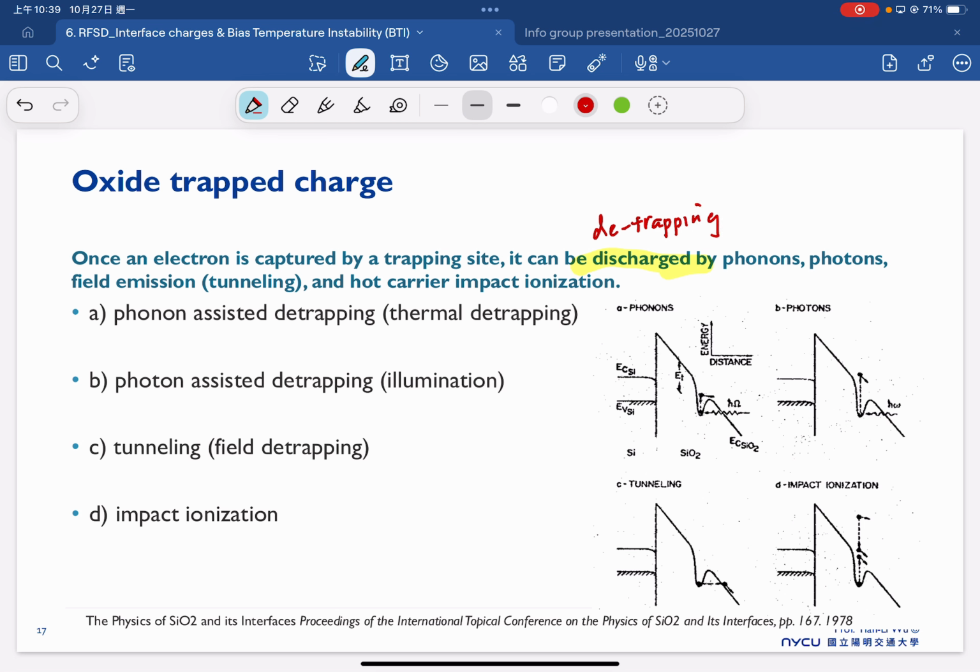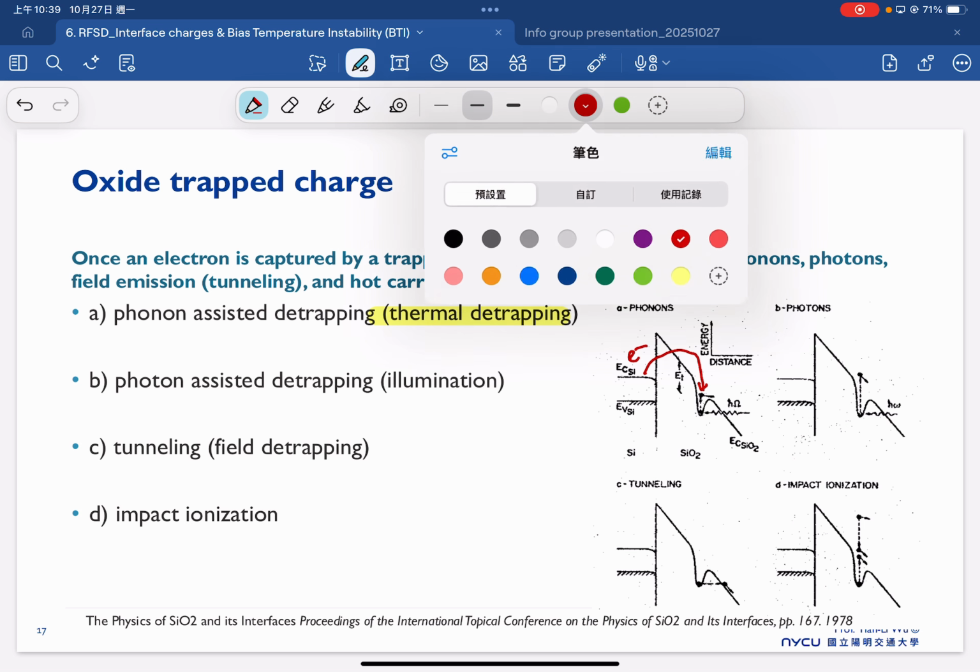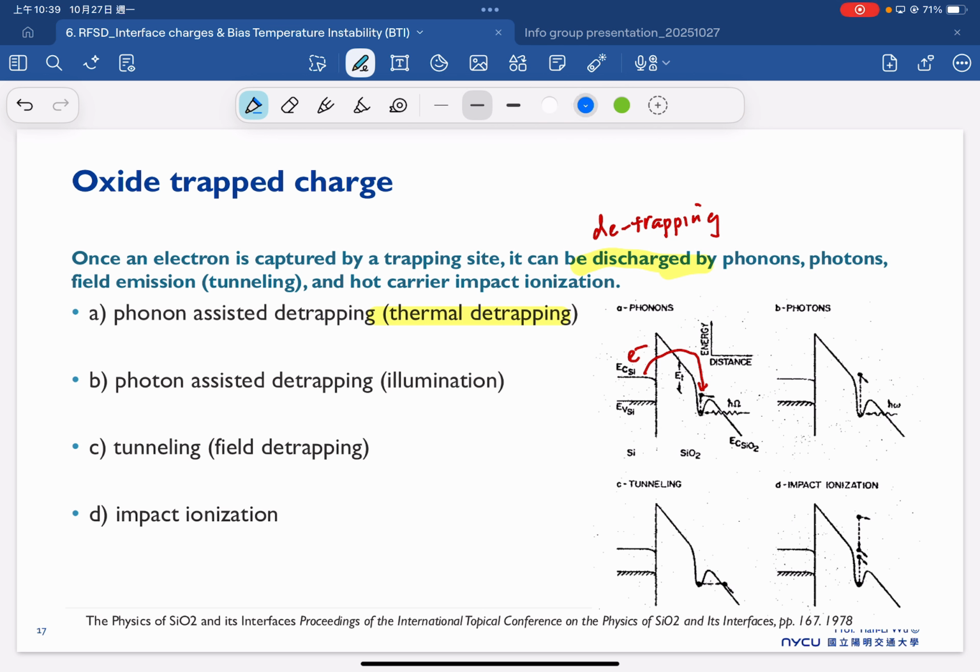So for example, the first possibility is phonon-assisted detrapping, which we call the thermal detrapping effect. In the beginning, we have an electron trapped here. But then, due to this phonon assistance, this electron can be detrapped.